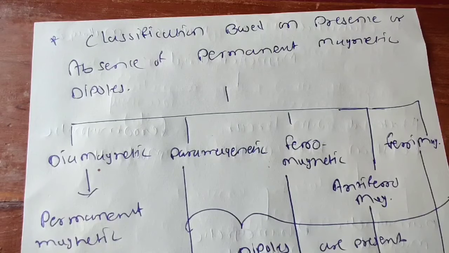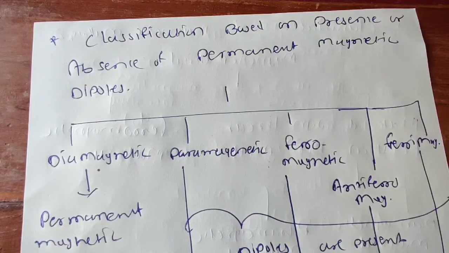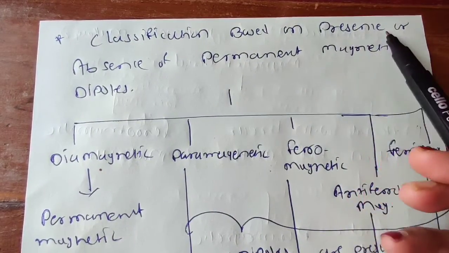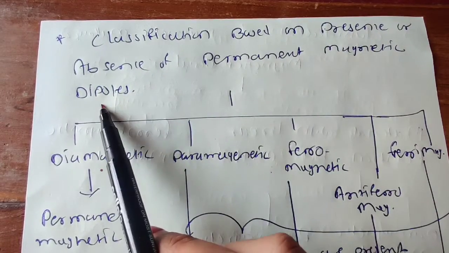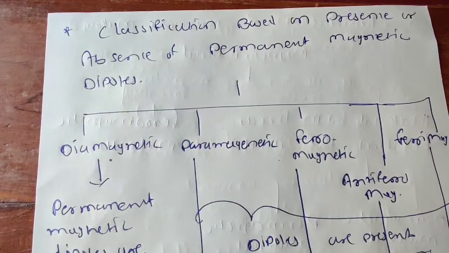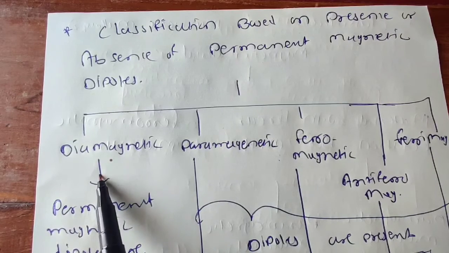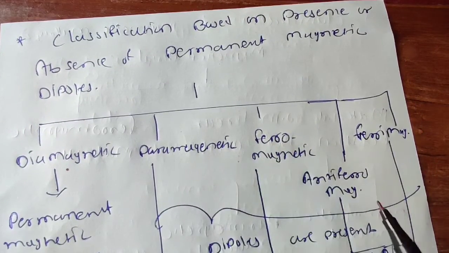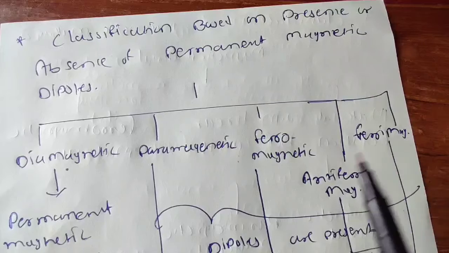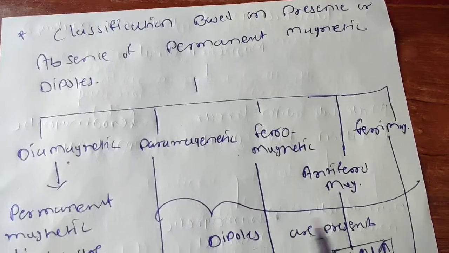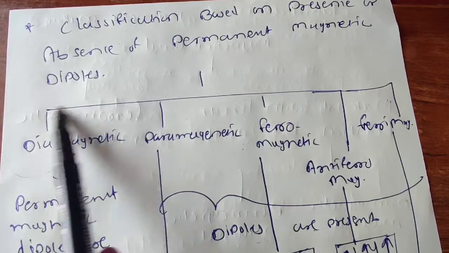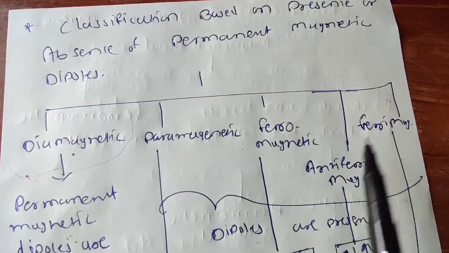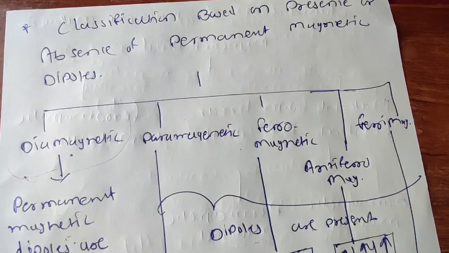If the permanent magnetic dipoles are absent, the material is known as diamagnetic material, while if the material is paramagnetic, ferromagnetic, antiferromagnetic or ferrimagnetic, then dipoles are present. So in diamagnetic material the permanent magnetic dipoles are absent, while in all 4 others the magnetic dipoles are available.